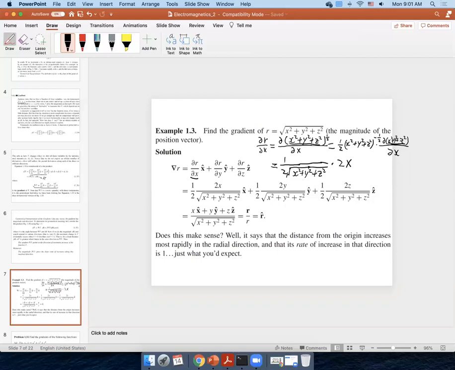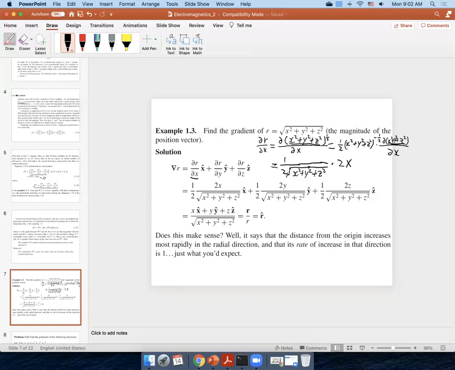Only the partial of x squared over x gives you 2x. All the other terms are 0 because y and z don't depend on x, so they are like constants. So partial y squared over partial x is 0, and similarly for the last term. So finally you get 2x.